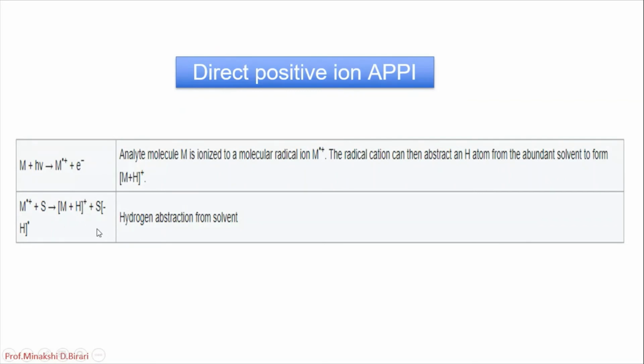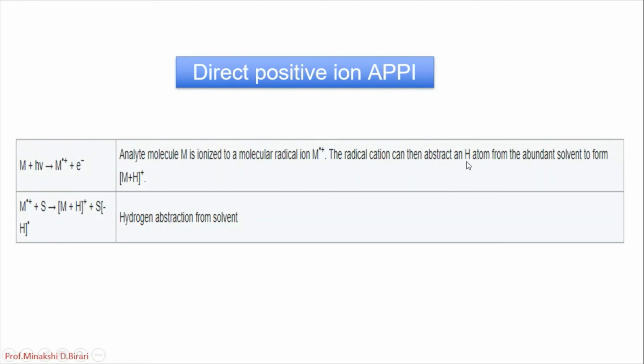So direct positive ion APPI is one of the mechanisms where the analyte molecule M is ionized to a molecular radical ion, and that leads to the formation of MH plus ion by the abstraction of a proton from the abundant solvent.